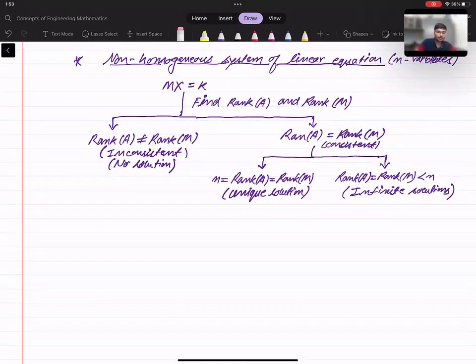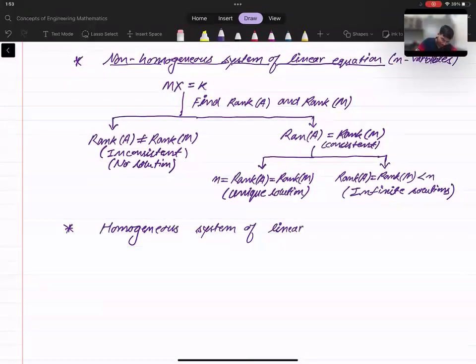So in case of a homogeneous system of linear equations, say n variables again, n variables.